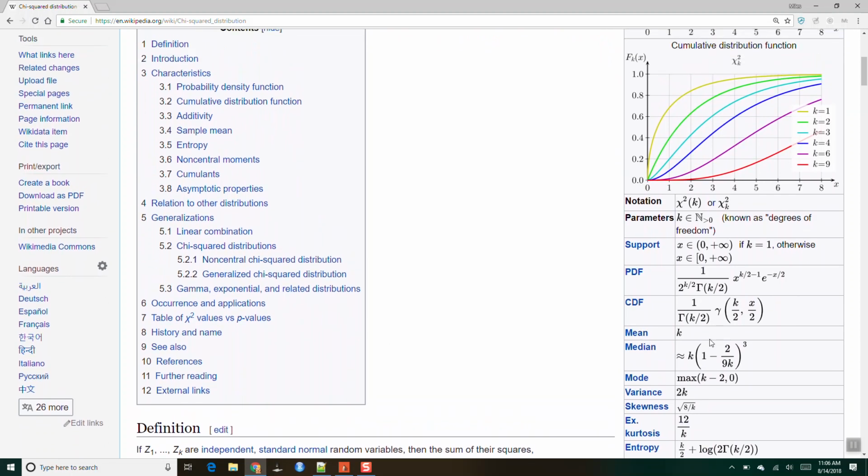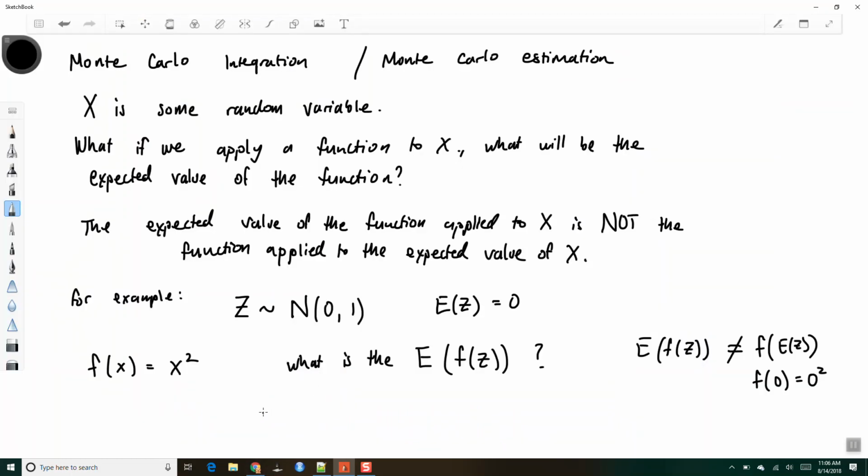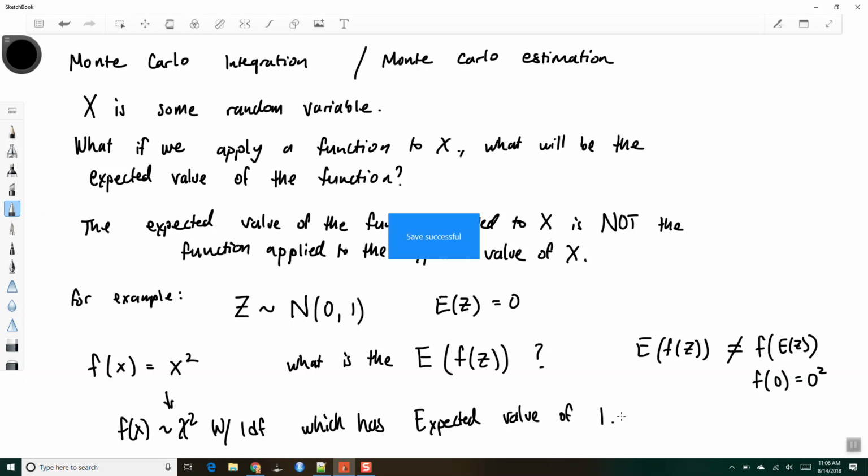Okay, so the mean just ends up being the number of degrees of freedom. So f of z is effectively a chi-square distribution with 1 degree of freedom, which has an expected value of 1. Okay.